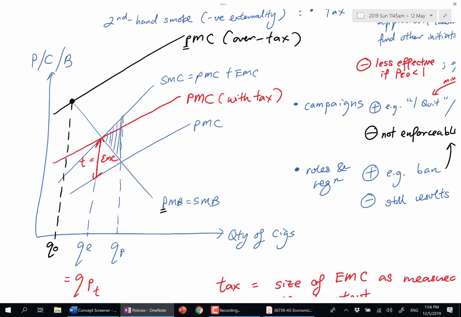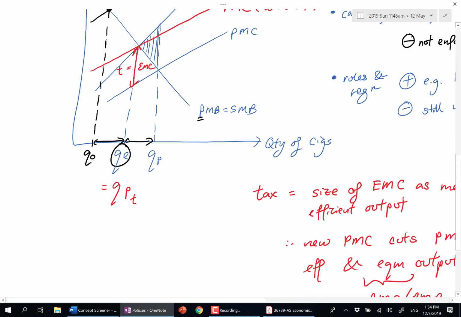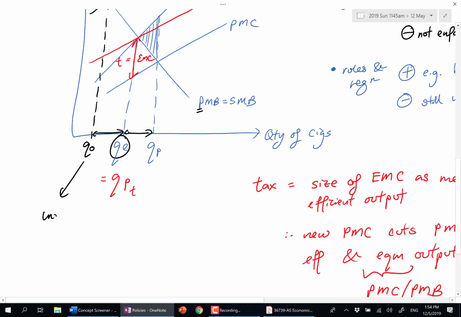Do you see a problem? Now, relative to socially efficient level, I have underconsumption of cigarettes. Previously, it was overconsumption. Now it's underconsumption relative to the socially efficient level.